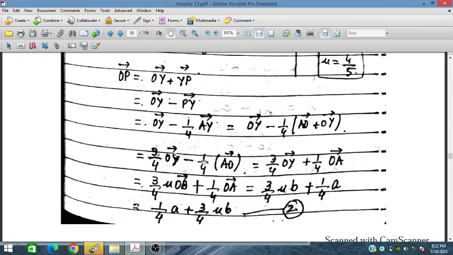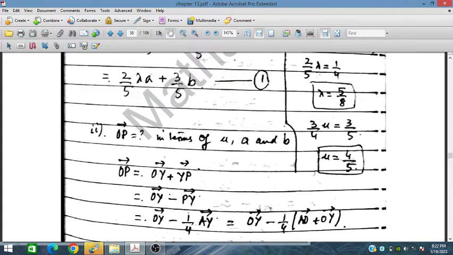Since OY is mu times OB, this is 3 upon 4 mu B plus 1 over 4 A. So 1 over 4 A plus 3 upon 4 mu B. This is the second equation.